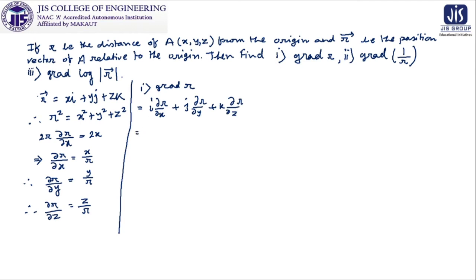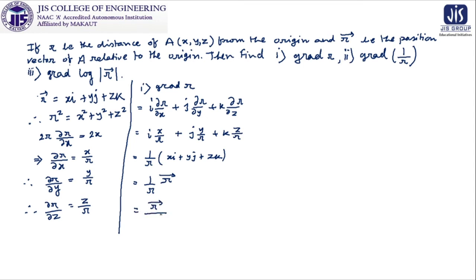We know del r del x, so it will be i x by r plus j y by r plus k z by r. We can simplify by taking 1 by r common. It is xi plus yj plus zk. What is xi plus yj plus zk? It is nothing but the vector r. So finally it is vector r by r, which is gradient of r.